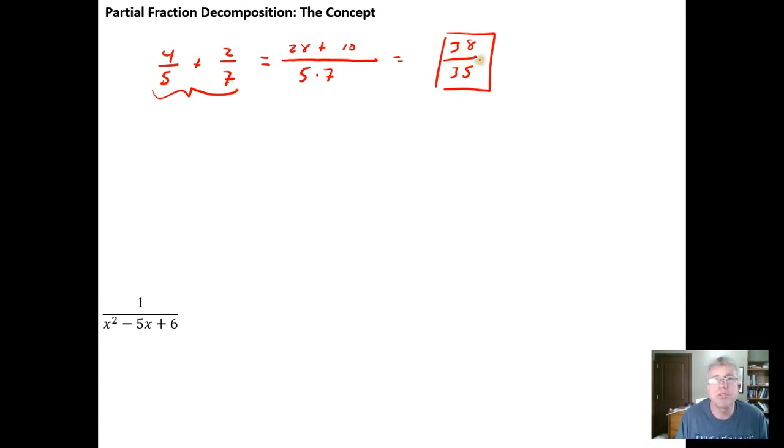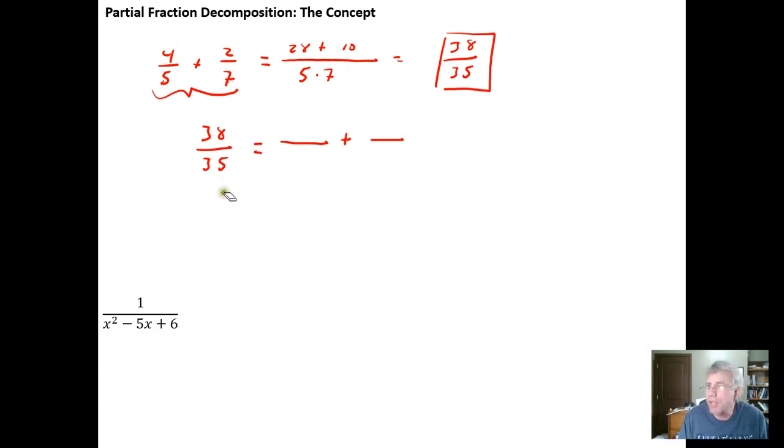Well, what you could do is ask yourself, what would happen if you were trying to work in the opposite direction? What if you didn't see where 38/35 came from? What if you started with 38/35 and you wanted to know if it was the sum of two or more ratios?